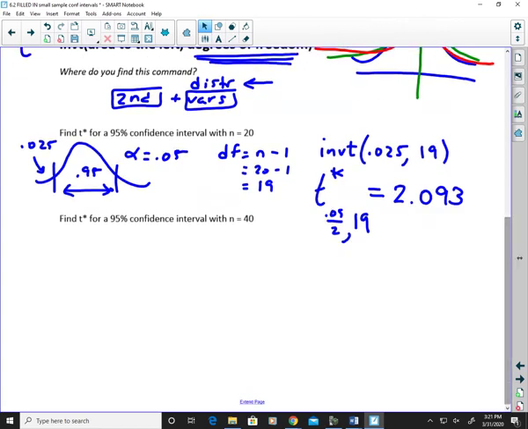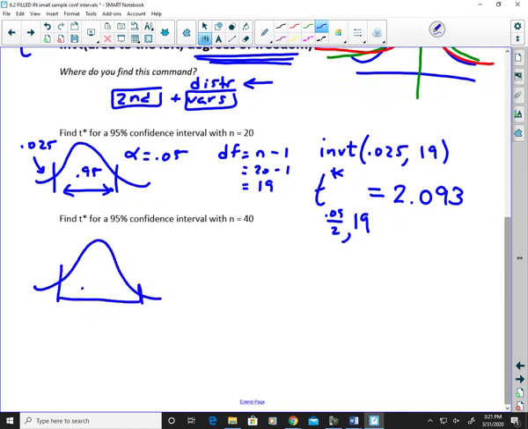All right, now let's do that again. Same 95%, because it is definitely our favorite. I don't really need to draw all this. Why am I doing this? I don't know. But my degrees of freedom this time is going to be 40 minus 1, which is 39. And then the beauty of the calculator is that I can do an inverse t for any degrees of freedom that I want.